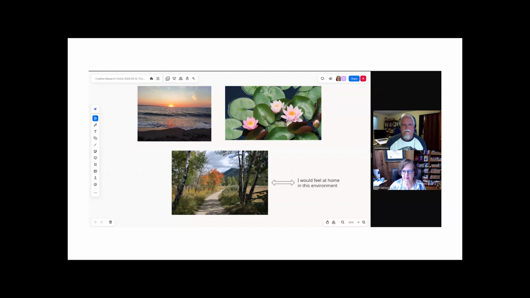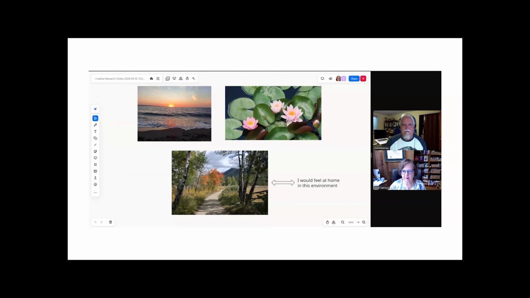So I know I have the rights to use these. If I'm going to use this set of pictures with all of my participants, then I would be able to say, in my presentations and publications, here are the responses people had to the woods versus the water versus plants.